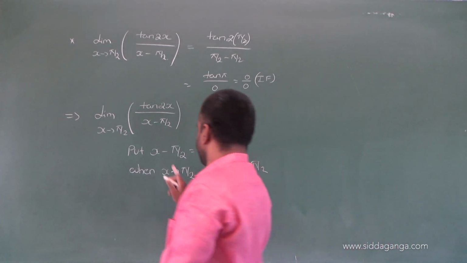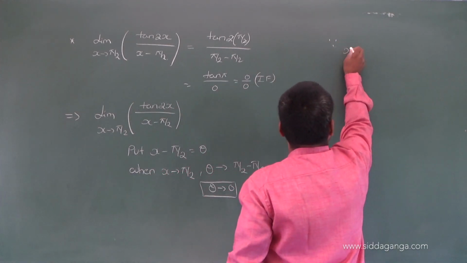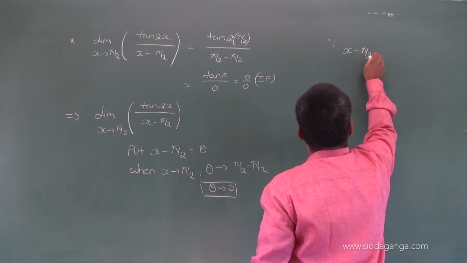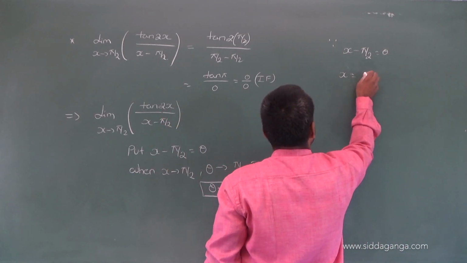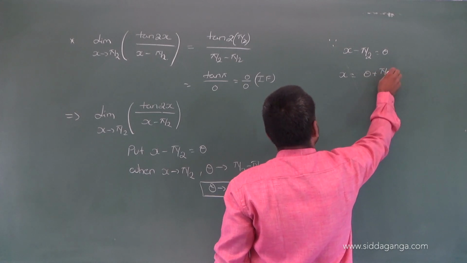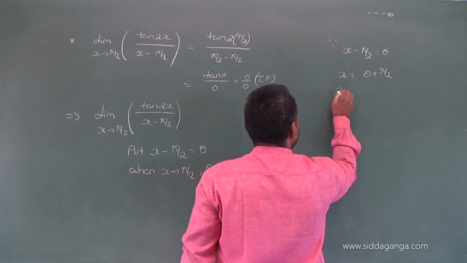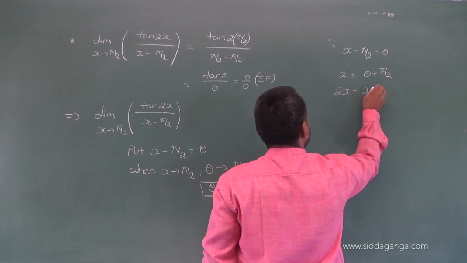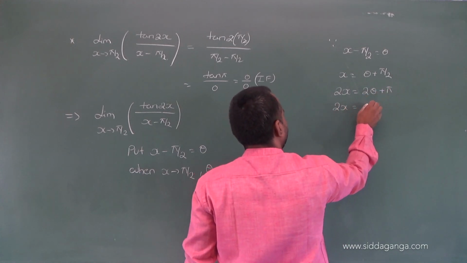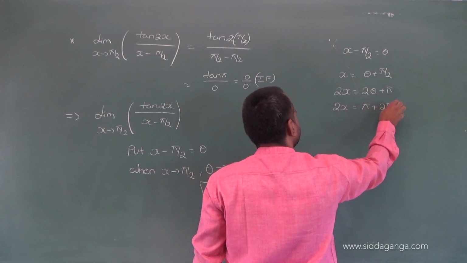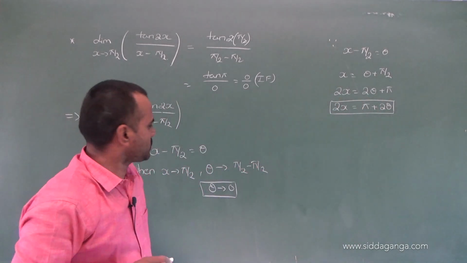Since x minus pi by 2 is theta, x is equal to theta plus pi by 2. Multiplying by 2, 2x is written as pi plus 2 theta.